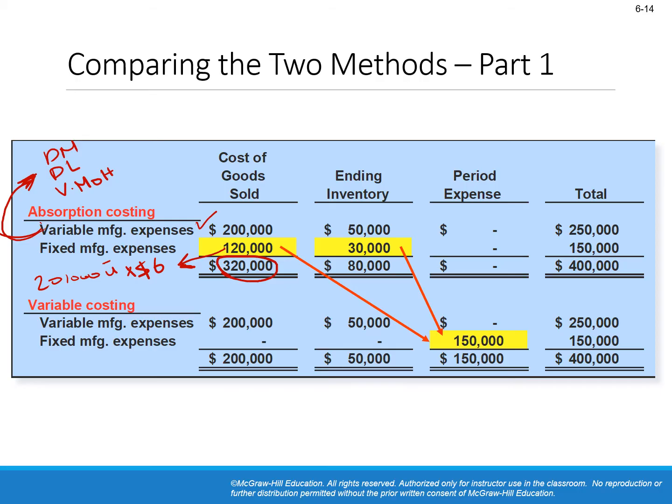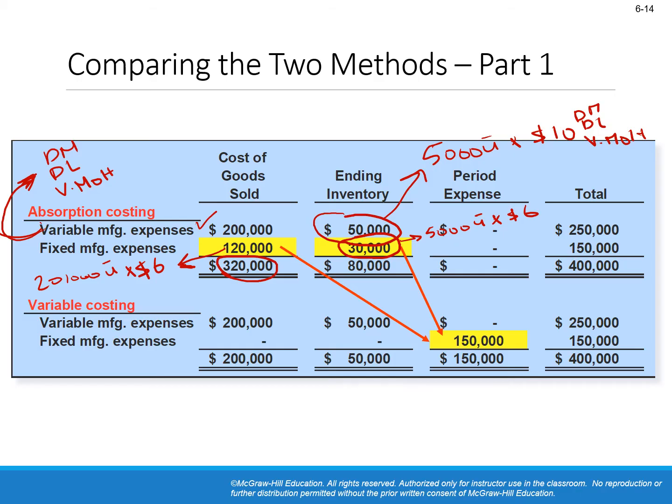The ending inventory under absorption costing has $50,000, and this number over here is basically the remaining 5,000 units multiplied by the $10, which is the sum of DM, DL, and variable manufacturing overhead, and this was given in the first slide. This $30,000 apparently is the 5,000 units remaining in ending inventory multiplied by the $6.